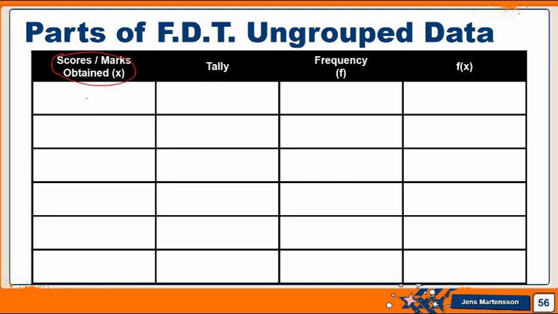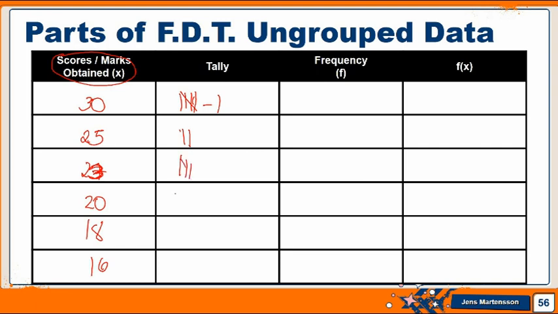Halimbawa, we have sa scores sa math, we have 30, 25, 27, 23. Arrange pala siya descending or ascending order. 20, 18, and 16. Magkakaroon ka ng tally. Ilan yung naka-30? Ilan yung naka-25?